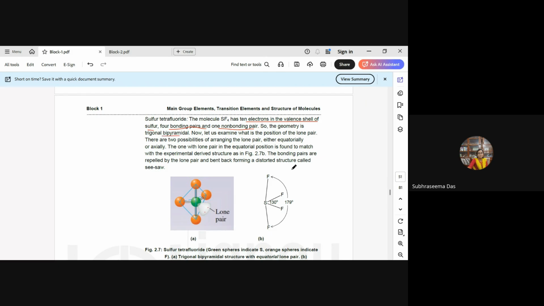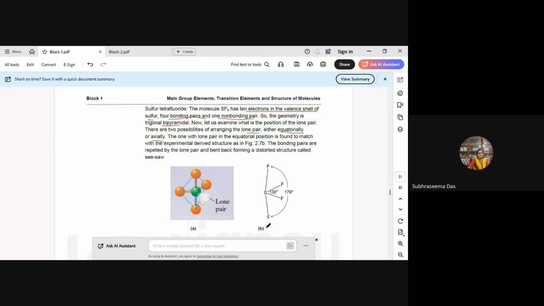Now we will focus particularly on the lone pair and try to predict the actual geometry of the molecule. There is only one lone pair present in the molecule, so there are two possibilities for arranging it: either we place it equatorially or in the axial position. When the lone pair is placed in the equatorial position, it is found to match the XRD data.